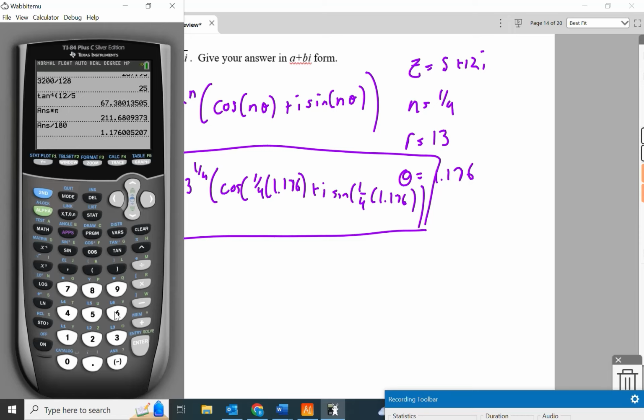Now I have some rounding on my angle, so I'm probably not going to be as 100% accurate as just pushing buttons in a calculator, even though I am still pushing buttons in a calculator. What's my data type? Close, close. Is it right here?